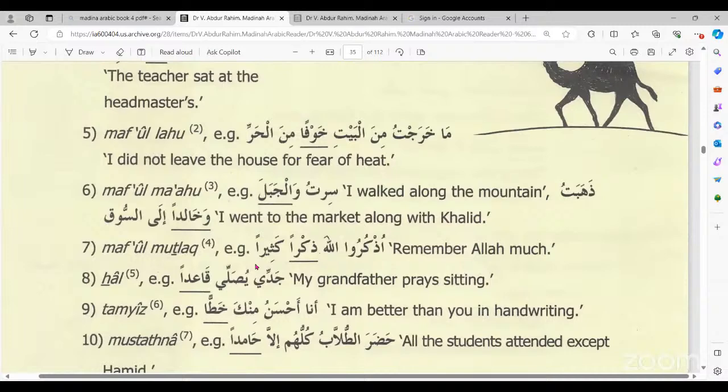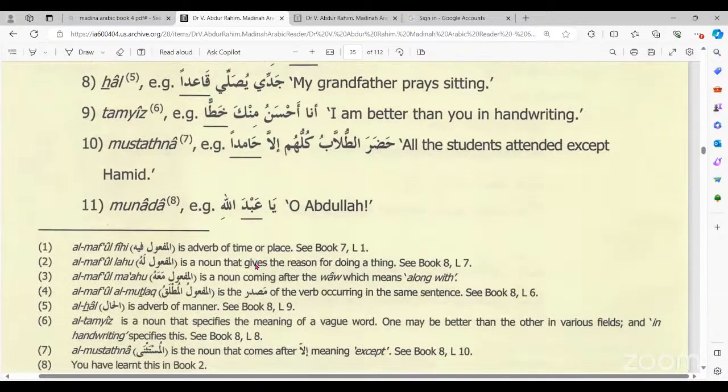Whenever Ya comes, the noun after it is mudaf ilayh. The first part of it will have a fatah because Ya itself comes in the meaning of a verb. I am calling who? Abdullah. From Abdullah, it becomes Abdullah because Ya means I am calling.